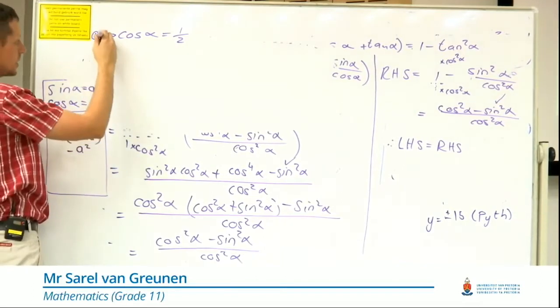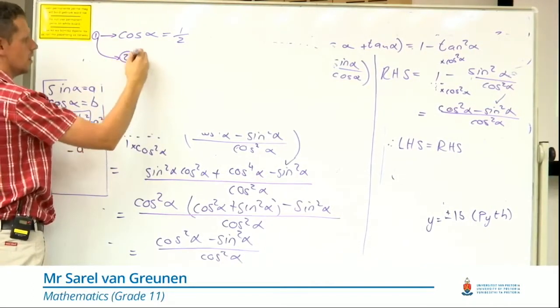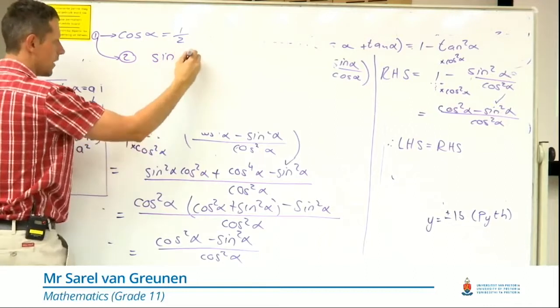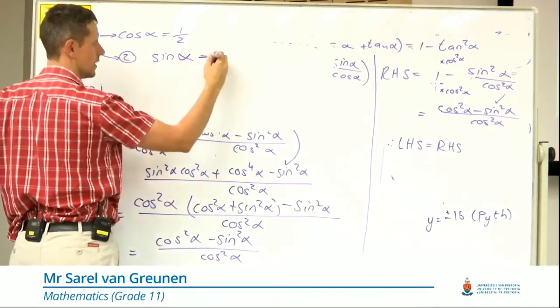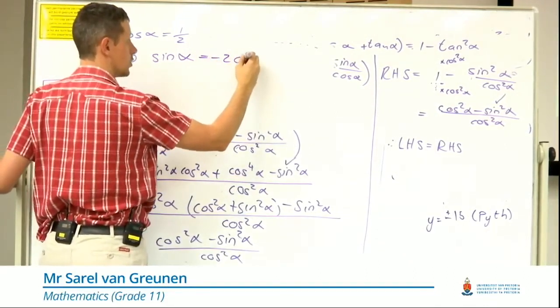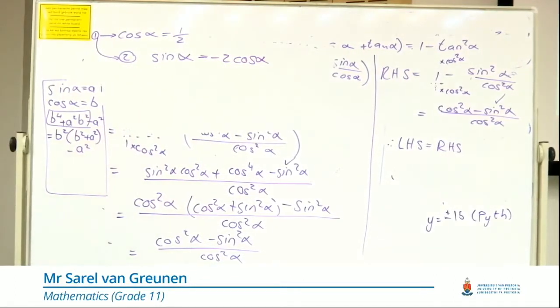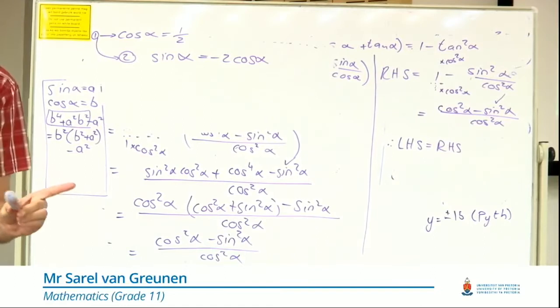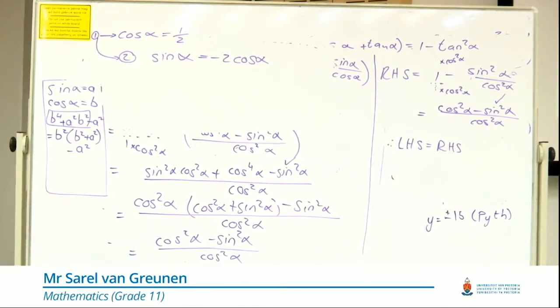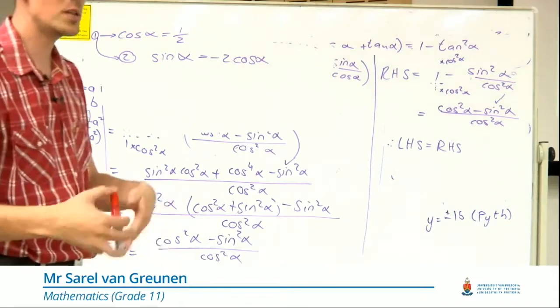The second type, if it's not simple, is, what if I've got, say, sine alpha equal to -2 cos alpha? What makes it different from the top one? It's not simple.